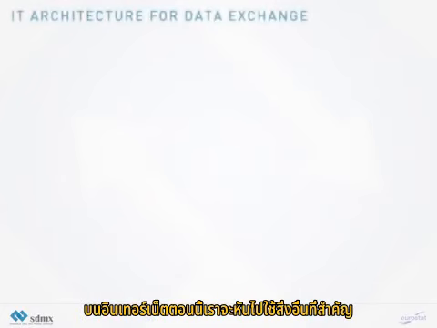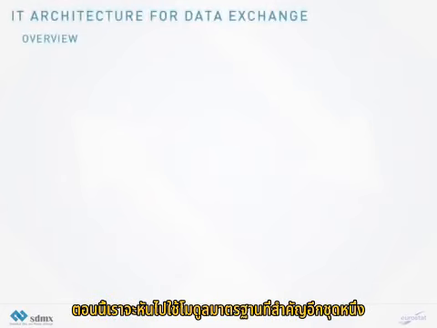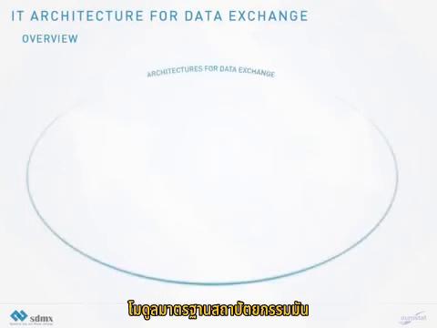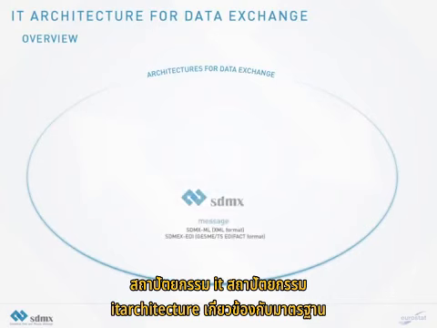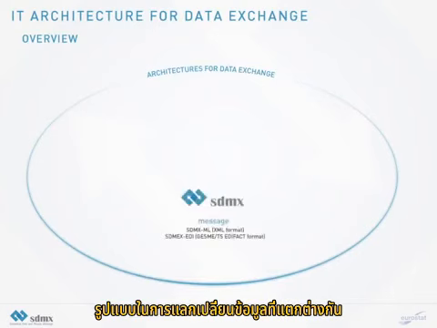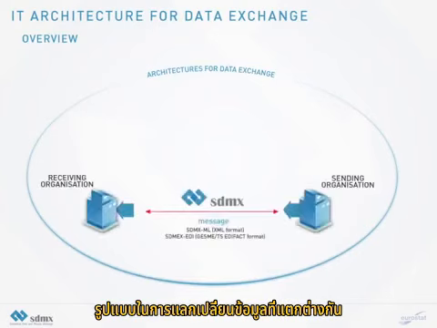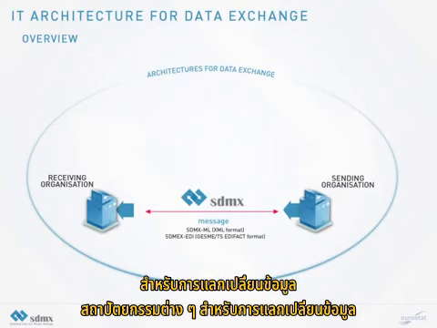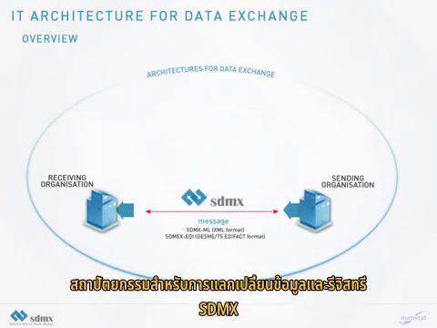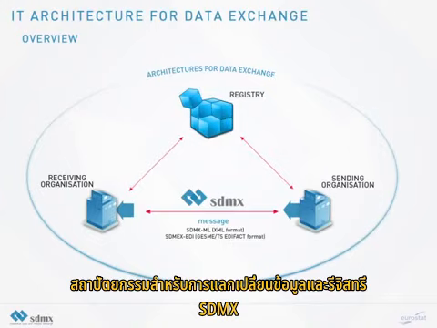Now, we'll turn to another important module of the standard, the IT architecture. The IT architecture involves the standard formats for the data exchange, different architectures for data exchange, and the SDMX registry.